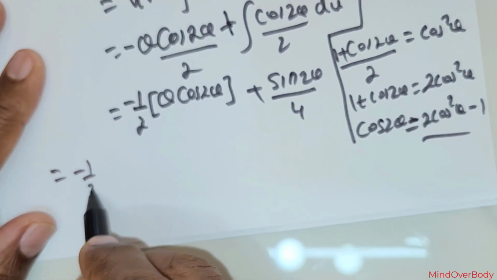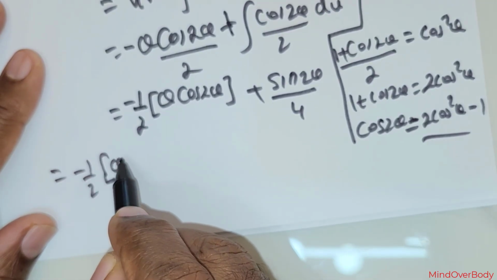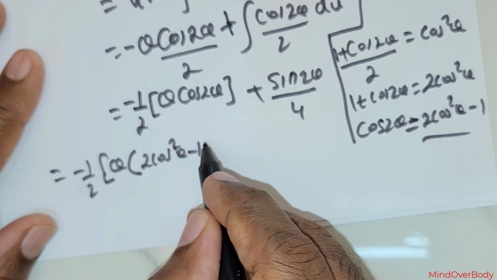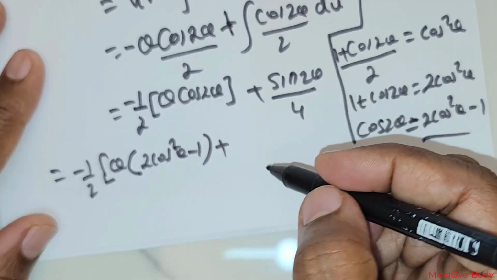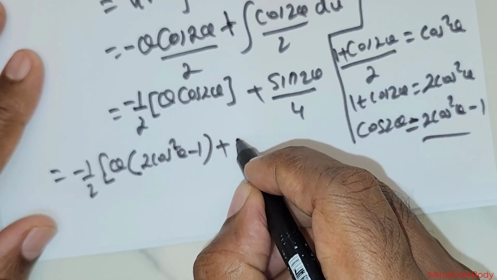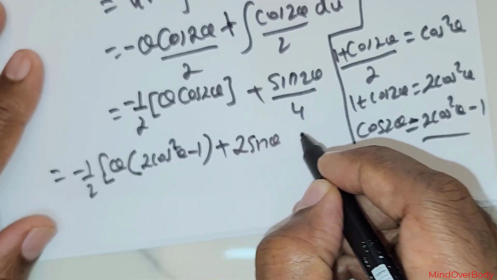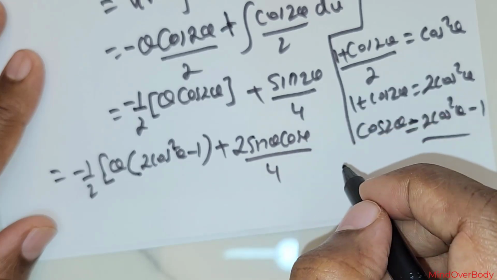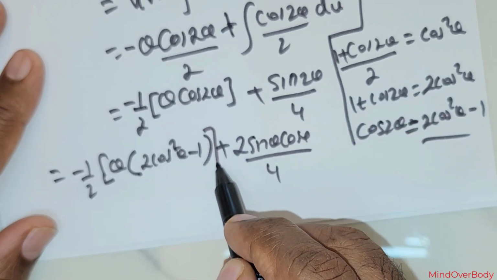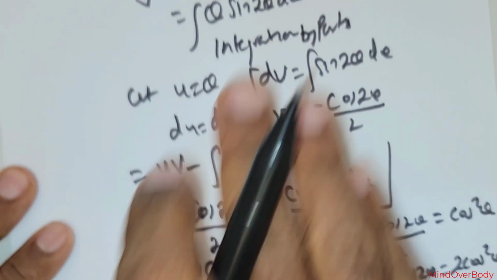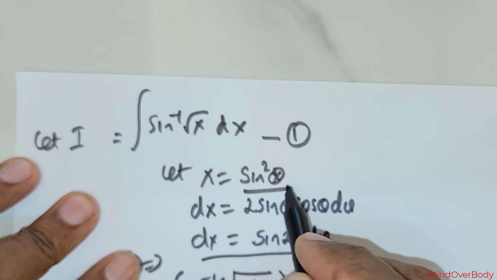So this is equal to negative 1 over 2 of theta times 2 times cos square theta minus 1, plus, now you got sine 2 theta. I write sine 2 theta as 2 times sine theta cos theta divided by 4 is there, so just retain that 4. Okay, so I place a square parenthesis here. So this is what we have got. Now I need to get the value, or I would say I need to get a sine there.